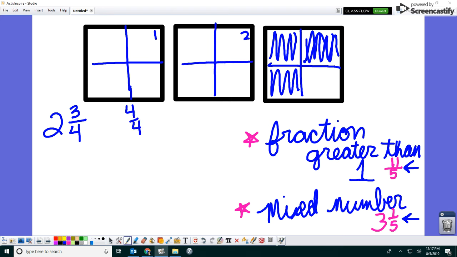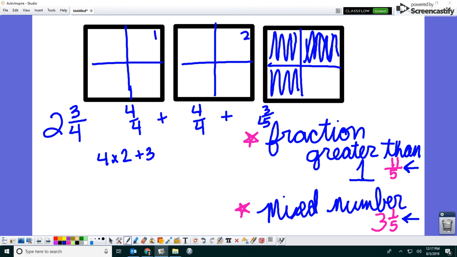And this whole also represents 4/4. And then we have this one on the end that, as we said, represents 3/5. So we can just add all of those together, 4 plus 4 plus 3. Or because we have two 4s right here, we can do 4 times 2 and then add the 3.